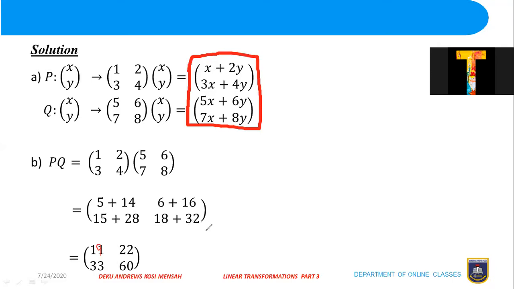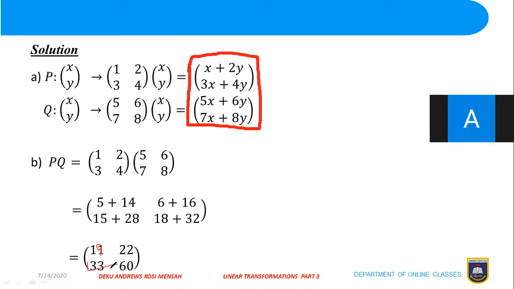So, what will be the final answer? 19, 22, and what? 43, 50. Let me rewrite this. This is 43, and then this is going to be 50.